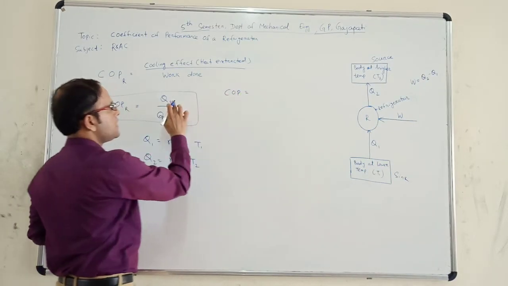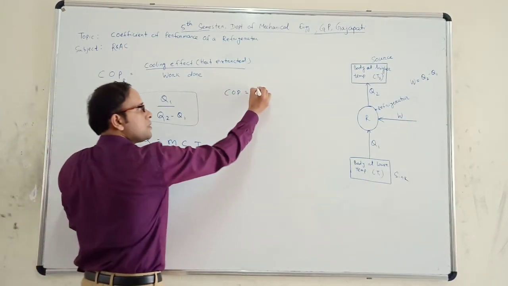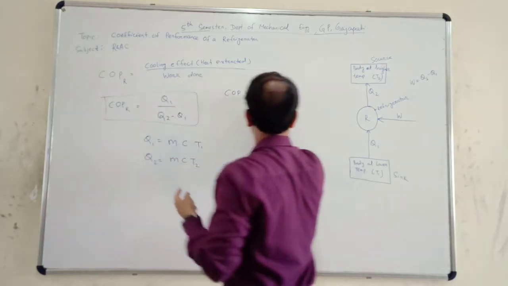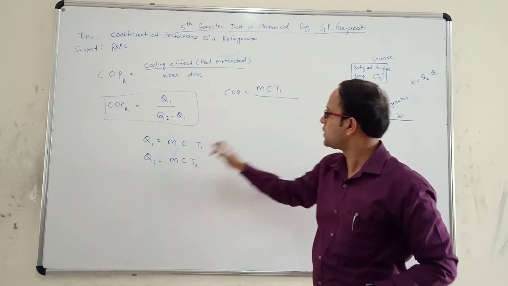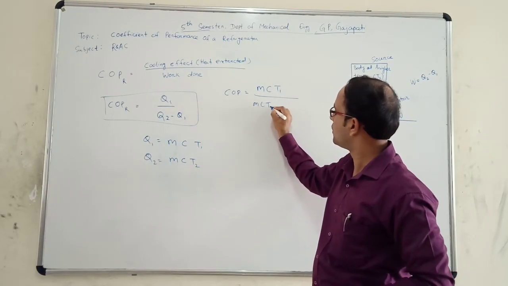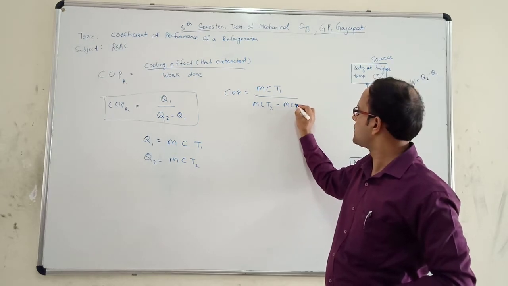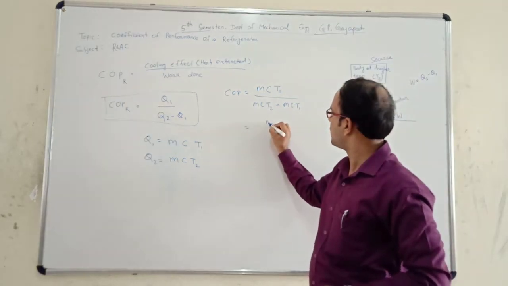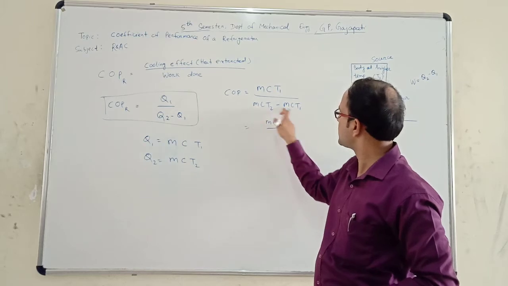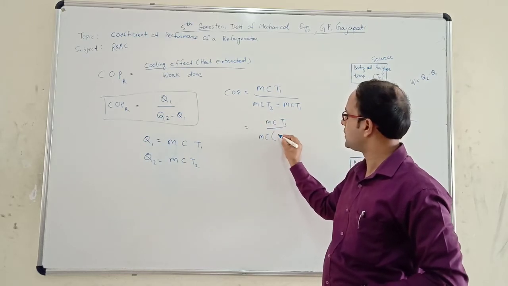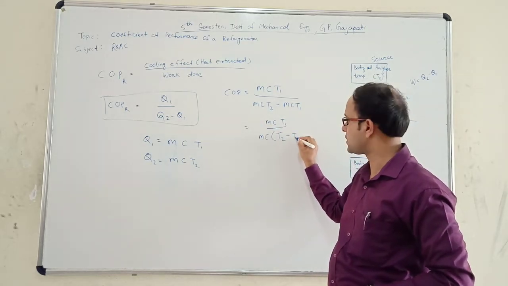COP will be m c T1 divided by m c T2 minus m c T1. Take m c common, so that becomes T2 minus T1.